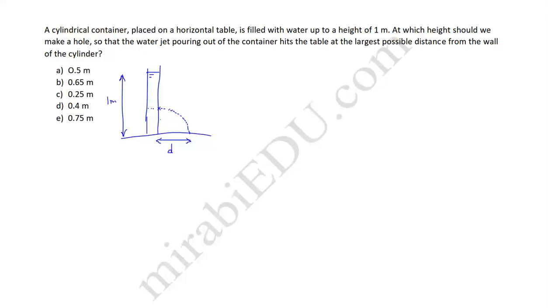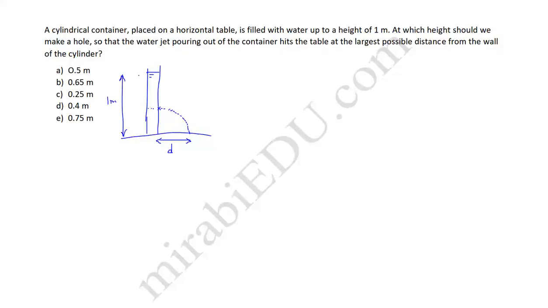For example, if there is a hole here, maybe the jet of water has more velocity, but it has less time to fall down. The traveling time is less, so there is a trade-off. So at which height should we make a hole in this cylindrical container so that the d will be maximum?